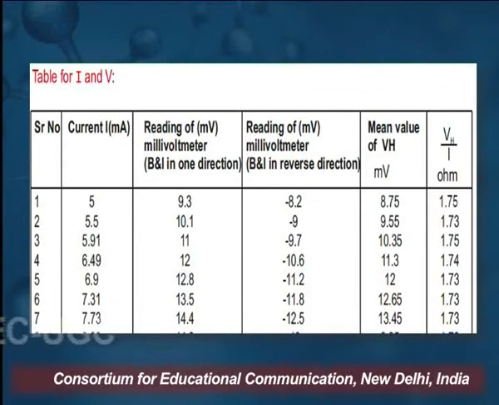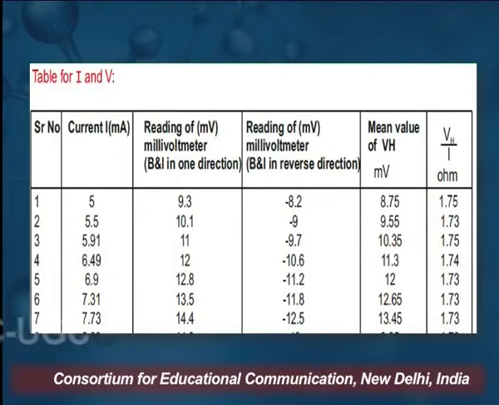This is the observation table we require when we are taking the reading. First the serial number, then the current, which is measured in milliampere, then the reading of the millivolt meter, that is VH, in one direction, and the third column is the reading of the millivolt meter in the reverse direction, in millivolt.